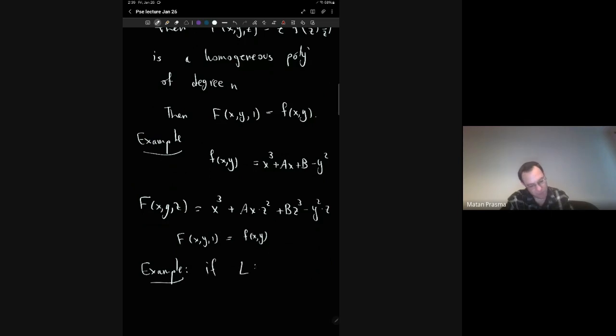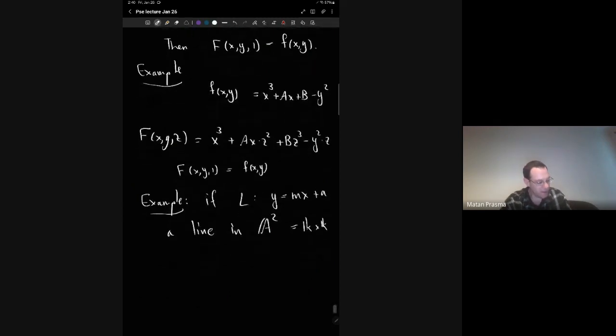If L is, let's say, y equals mx plus a line in the affine space A2, namely it's the solution set of a polynomial in two variables, say y minus mx minus a, then I take the homogenization, and I get y equals mx plus az, which is a line in the projective space P2.